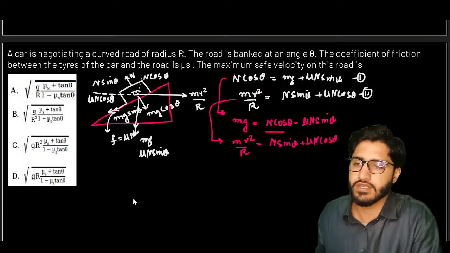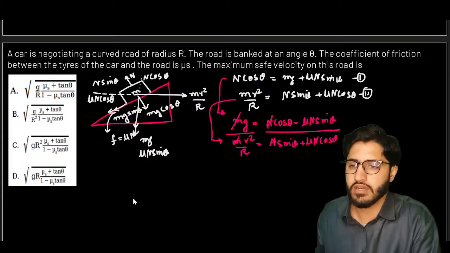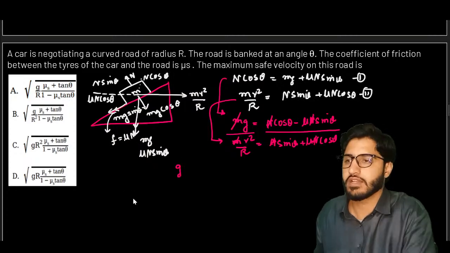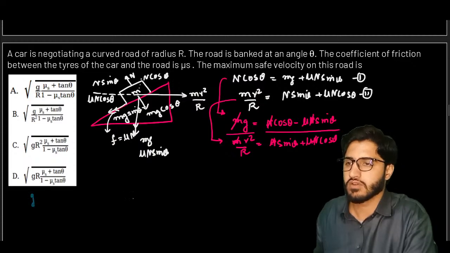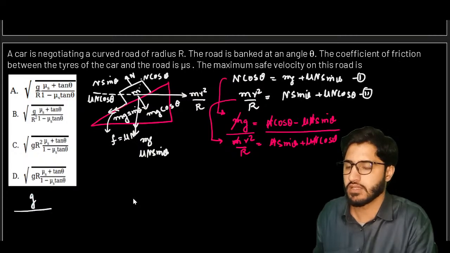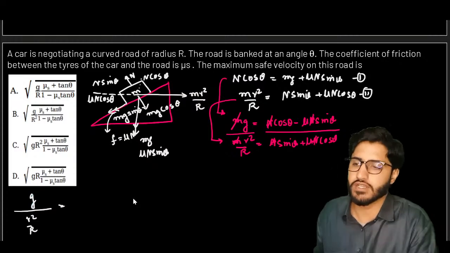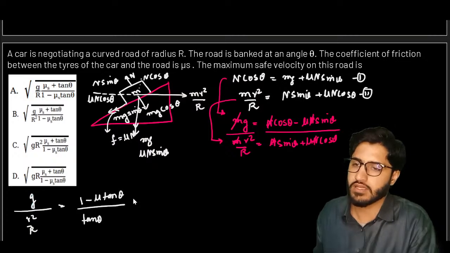Now I will divide these things. M cancel out, n cancel out. So I can write, sir, it will be g whole divided by v square by r equals to, let us divide by cos theta, so it will be 1 minus nu tan theta whole divided by tan theta plus nu.